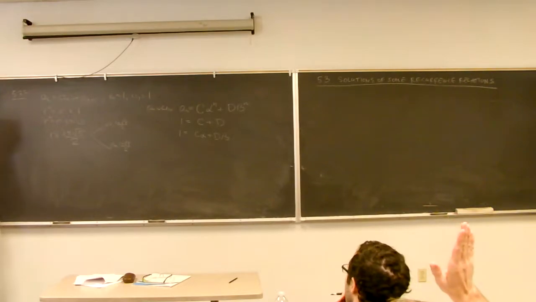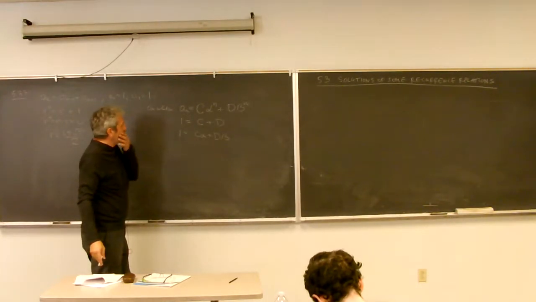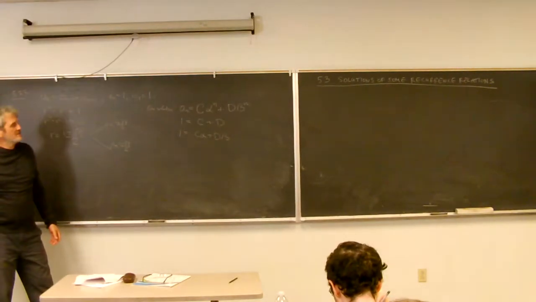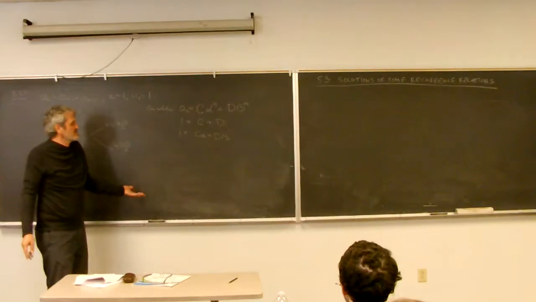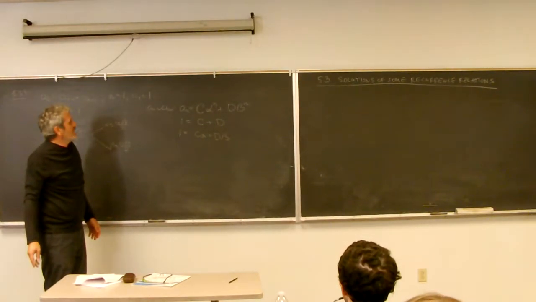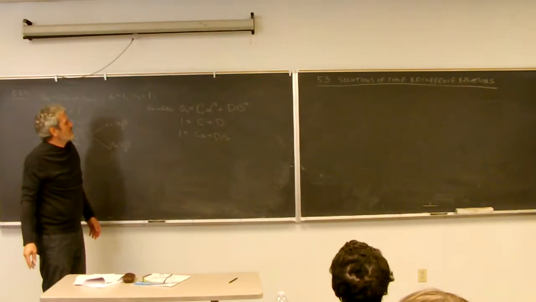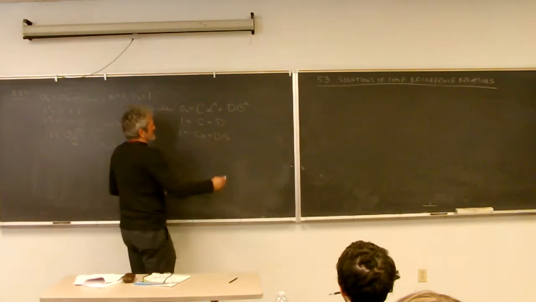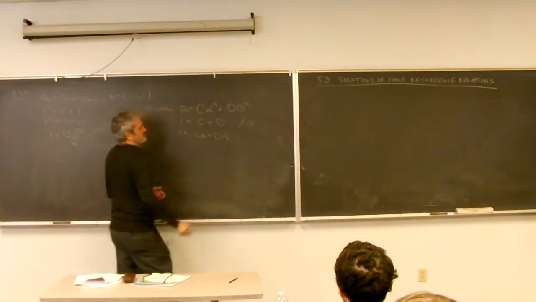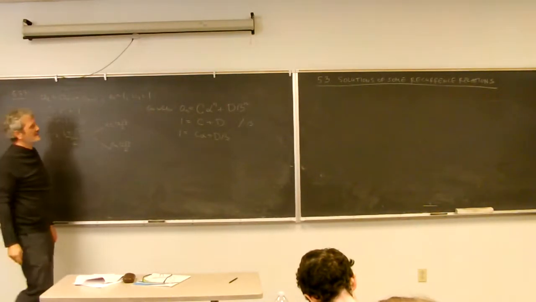So now, what can we do? Let's eliminate d, for example, or we can do substitution, whatever you prefer. I would probably do elimination. So let me multiply the top one by beta and subtract.